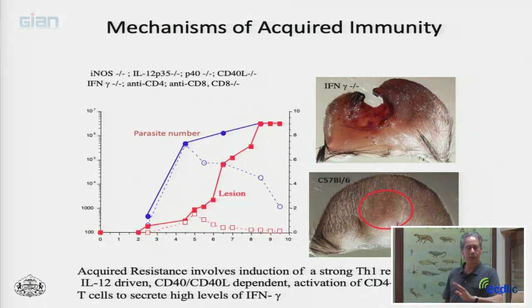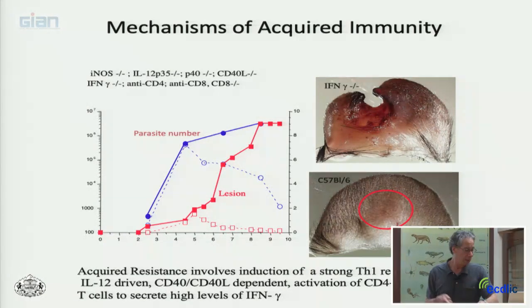Okay. So there were literally hundreds of papers looking at immune-deprived, genetically deficient mice in this model.